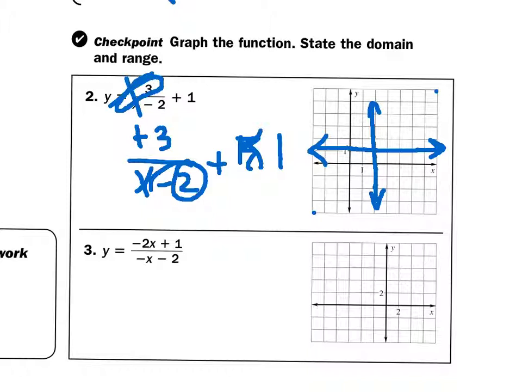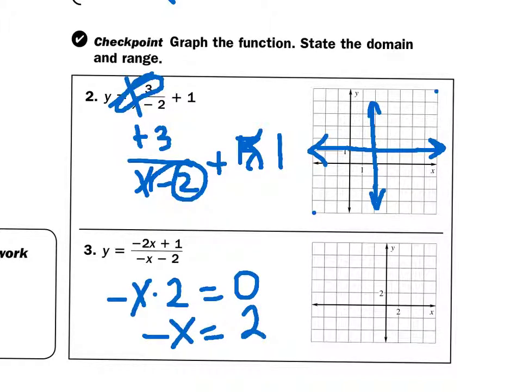Okay, on number 3. This time I can use that formula. So negative x minus 2 equals 0. Add 2 to both sides. So negative x equals positive 2. So x equals negative 2. So I can go over here to negative 2. And this is another weird graph that they put a 2 scale on. And then I need to get my horizontal asymptote.